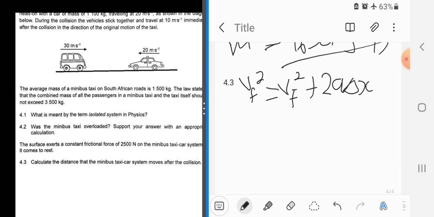So final velocity, they're going to end up at 0, and after they stick together, they started traveling at 10 meters per second. So that is our initial velocity, and then plus the 2.